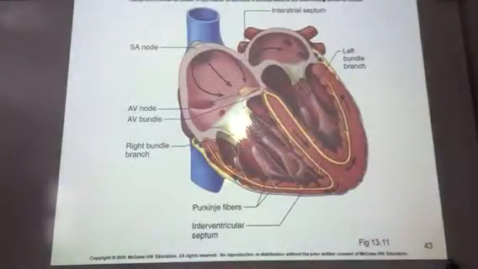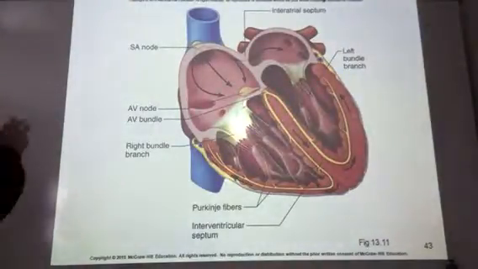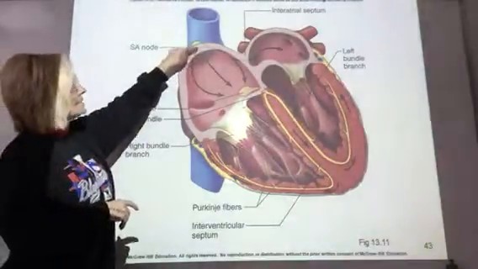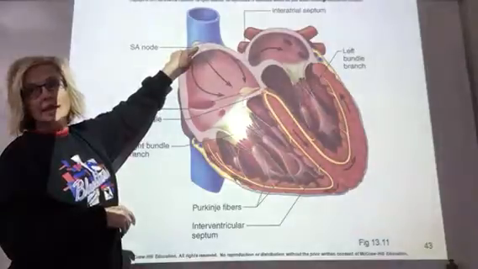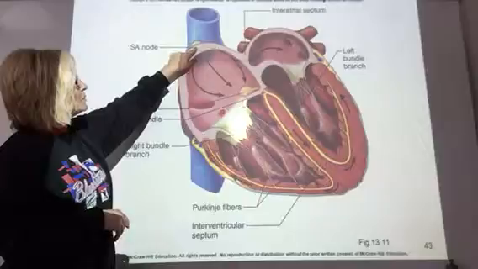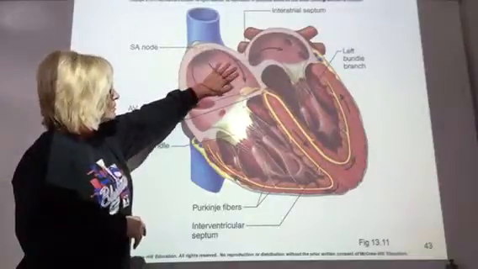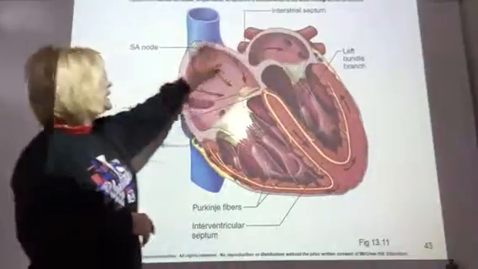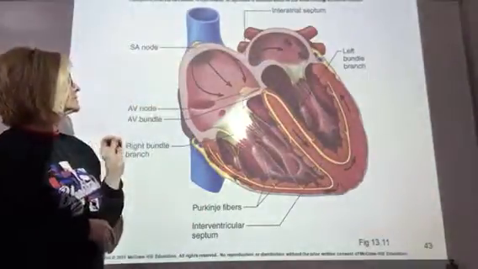So picture, I do want you to know all the parts of the conduction system. So the SA node is at the top of your right atrium. Your SA node is what signals your right atrium and your left atrium to contract. SA node first.